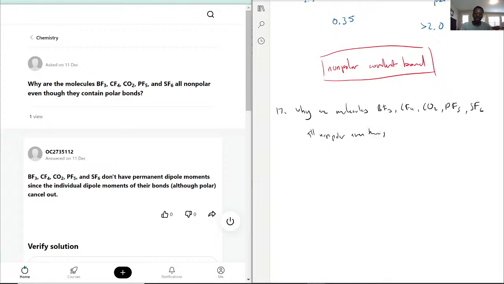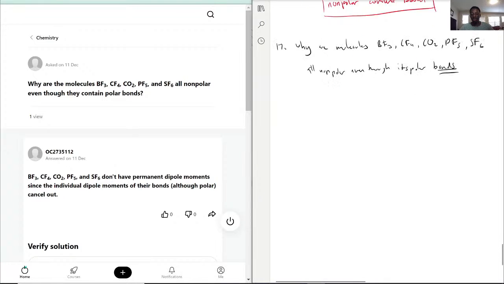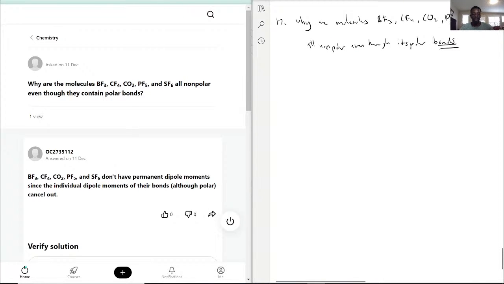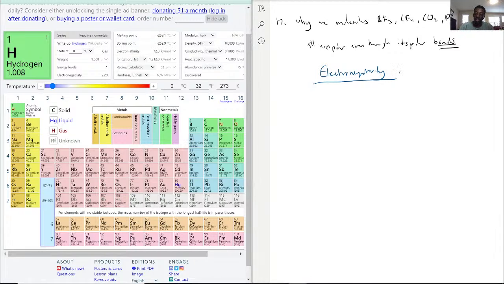The way they show that they all have polar bonds is that, as we've been solving these questions, you notice we have to use the electronegativity difference to find out whether a bond is polar or non-polar.